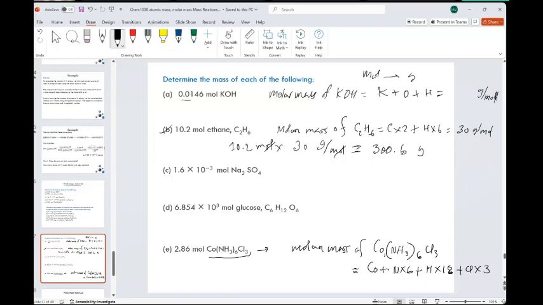Now you get the value of cobalt, nitrogen, hydrogen, and chlorine from the periodic table. Plug the values in this equation and find the molar mass using calculator. And that molar mass will be similarly in gram over mole, right? And then you multiply the given amount with that molar mass. That is your answer.